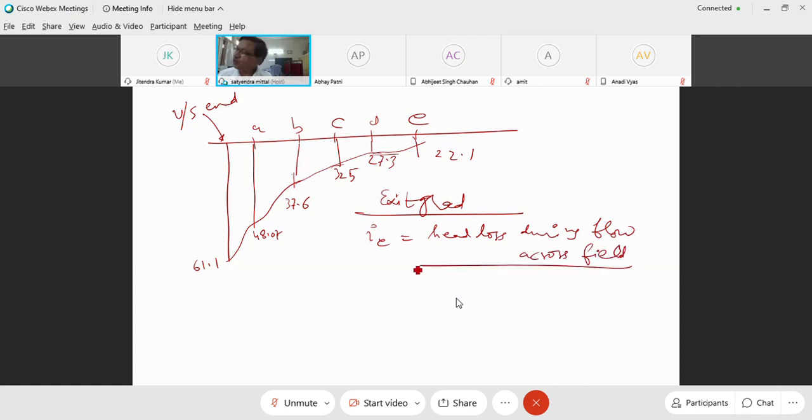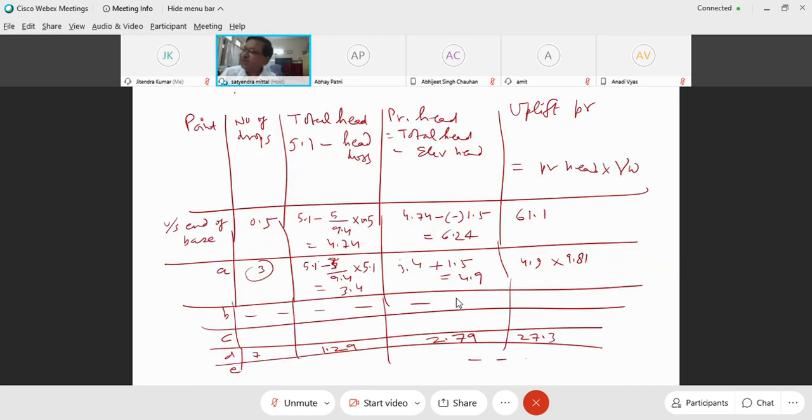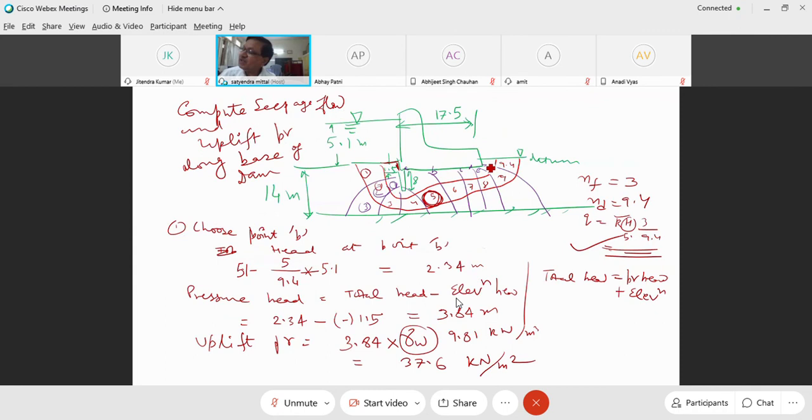Field means that area, the last one. Then length of flow. You get the values from the graph paper. I am talking of the last leg, this one.